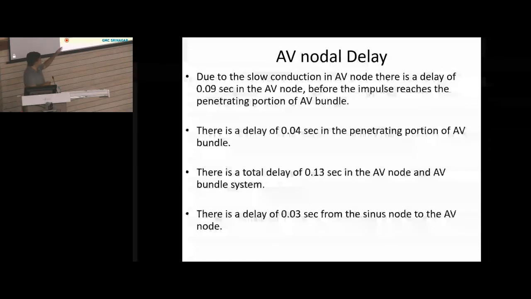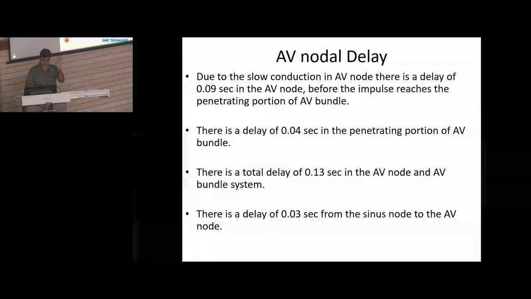So how much is the total? 0.16 seconds. So once the SA node generates the impulse, it takes 0.16 seconds for the impulse to reach the tip of the intraventricular septum. Okay, is that clear? Okay, let's move forward.